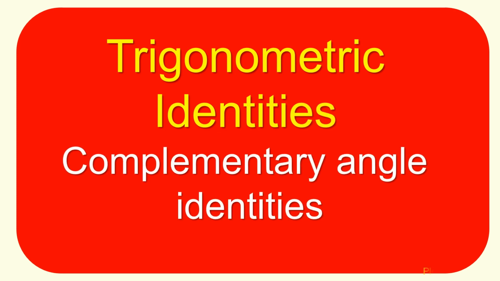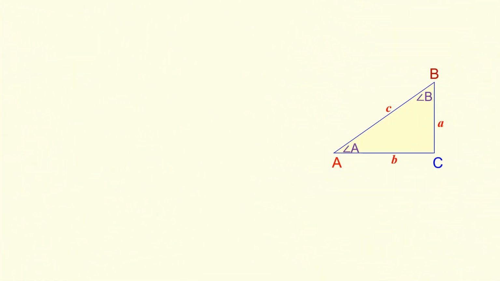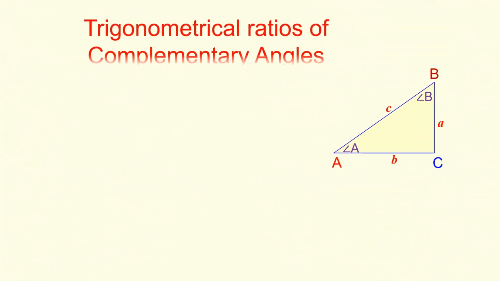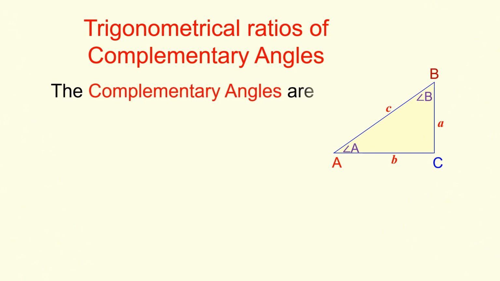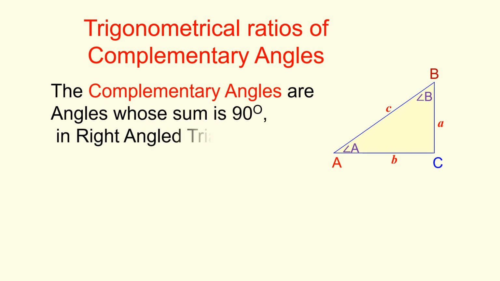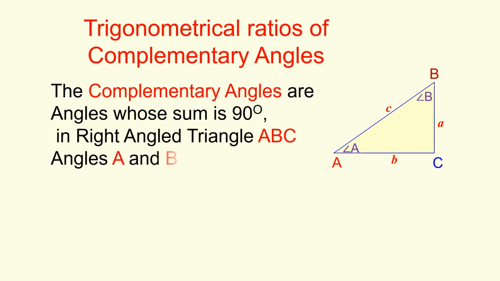Complementary angle identities. As defined earlier, the complementary angles are angles whose sum is 90 degrees.